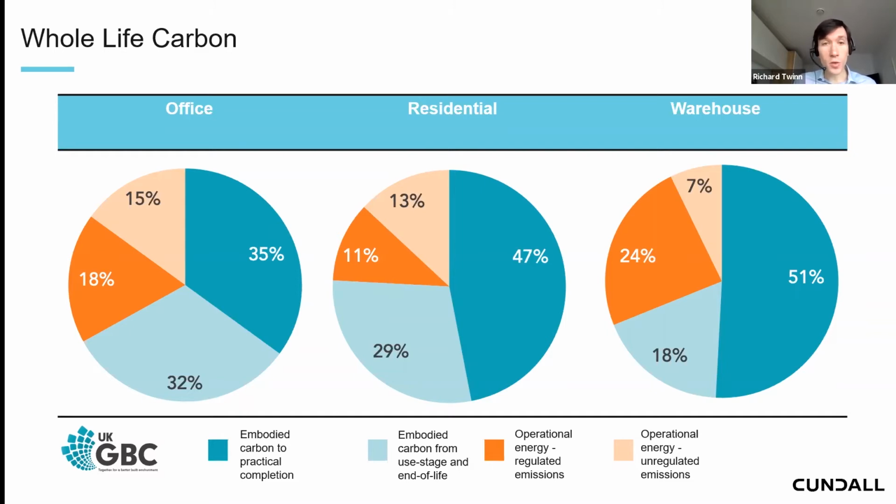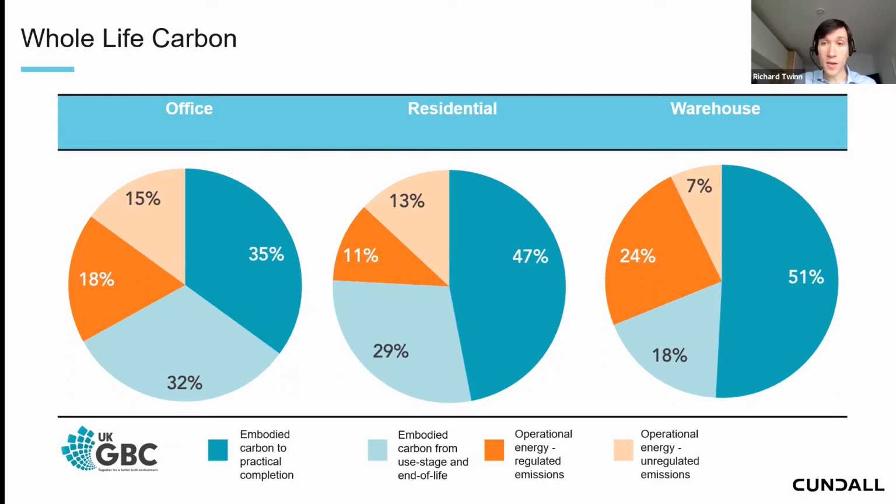And then you've got two operational energy, the darker orange, which is regulated emissions, so everything that's covered by building regulations, lighting and services, and then unregulated emissions, which is plug loads.